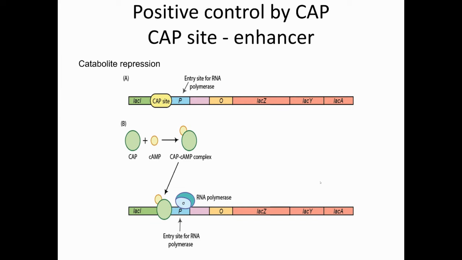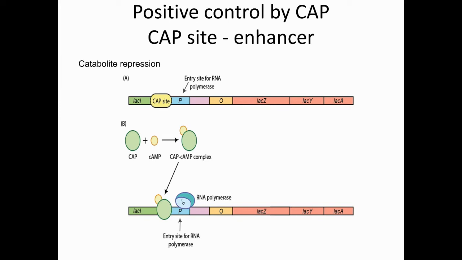When the glucose is not present, the CAP binds cyclic AMP, so you have a CAP-cyclic AMP complex. With no glucose, this complex forms, and then it can bind to the promoter. Once it binds the promoter, in the presence of lactose, it can help the RNA polymerase stabilize at the promoter so that there can be transcription.